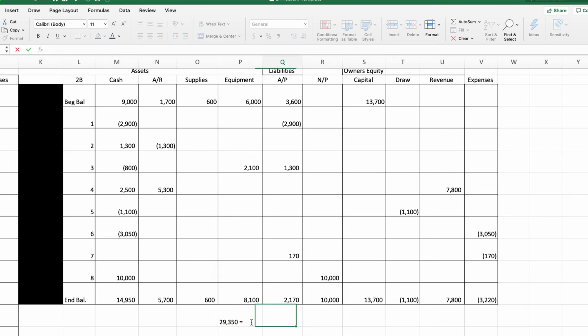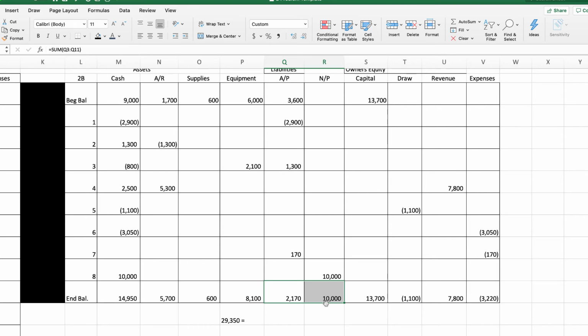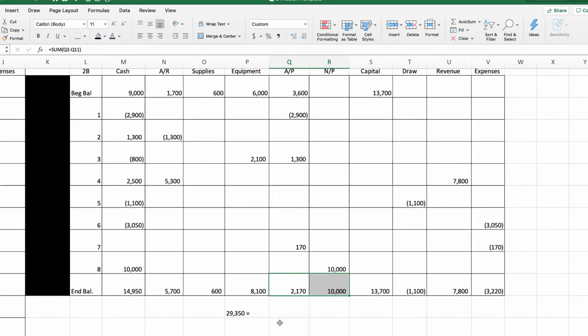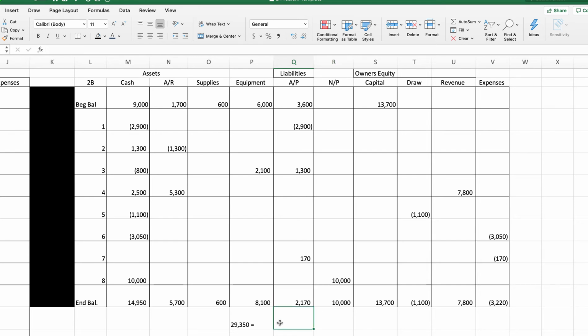29,350 equals, because those are my assets, my liabilities. Well, I have two liabilities here. I have accounts payable, which has an ending balance of 2,170, and a note payable, which is 10 grand. Those together equal 12,170. Now I need my owner's equity.